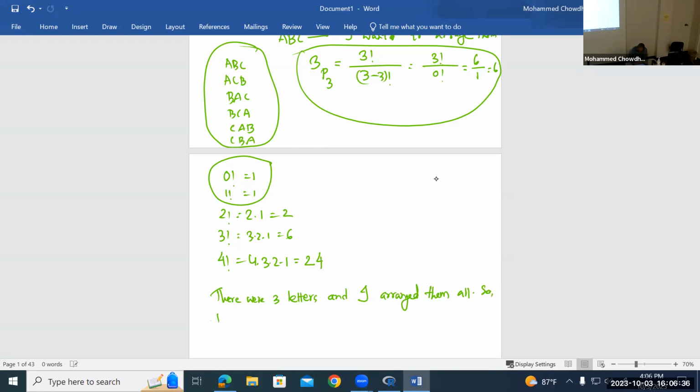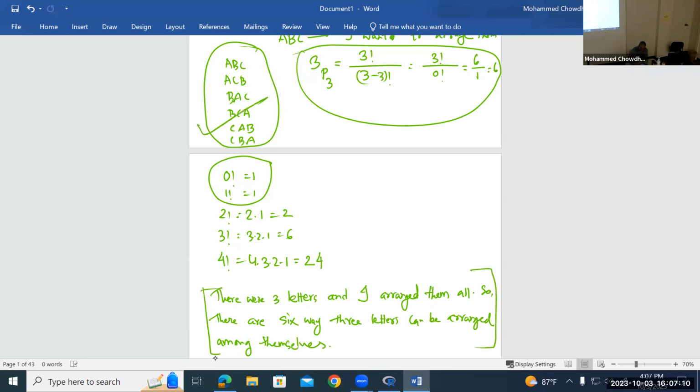So there are 6 ways 3 letters can be arranged among themselves. You don't agree, right? So this is what we have shown you by construction and by mathematical formula.